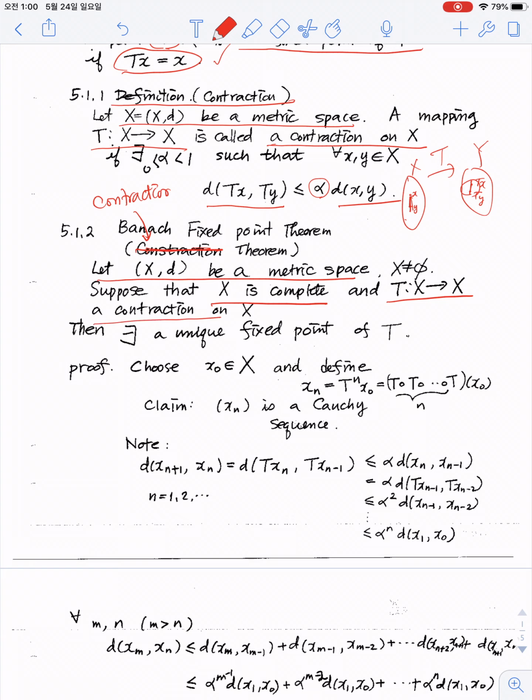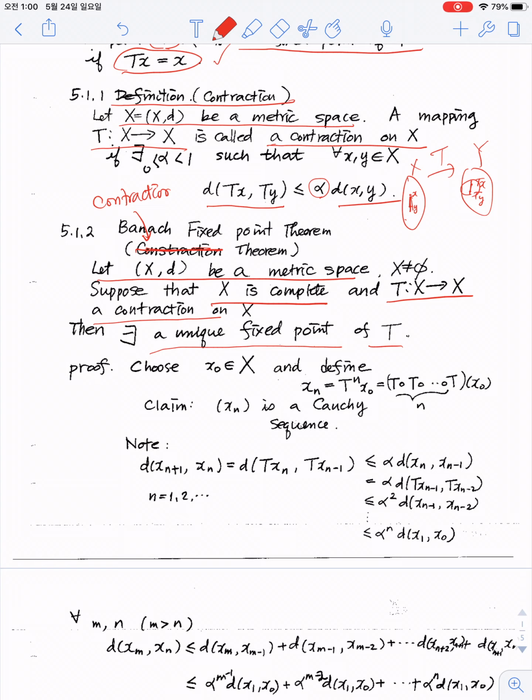Then T has a fixed point. So a contraction map from a complete metric space to itself has a fixed point, and the fixed point is unique. Which means it has a unique solution somehow, right?